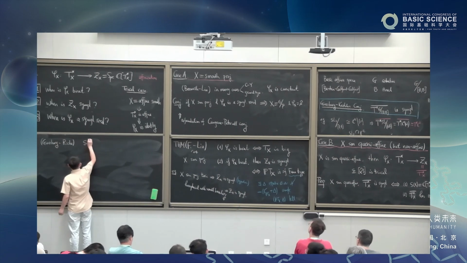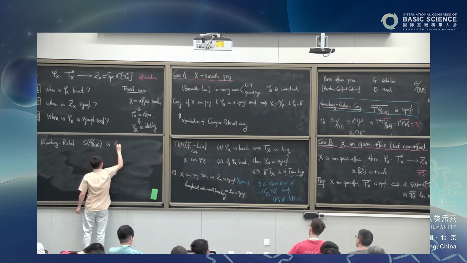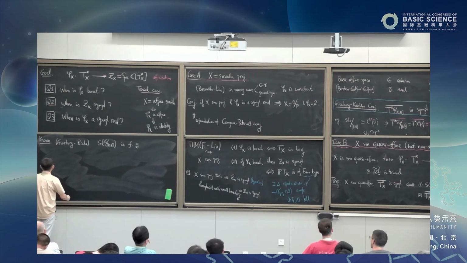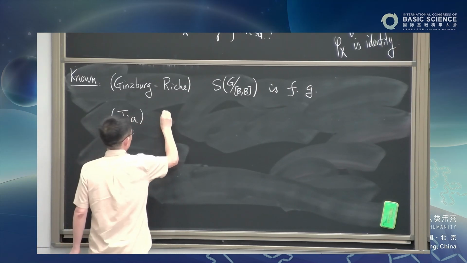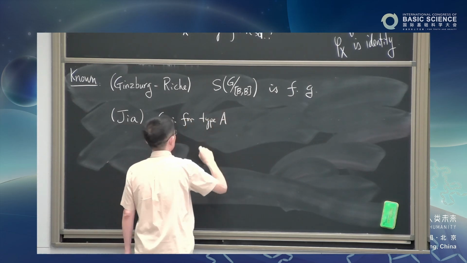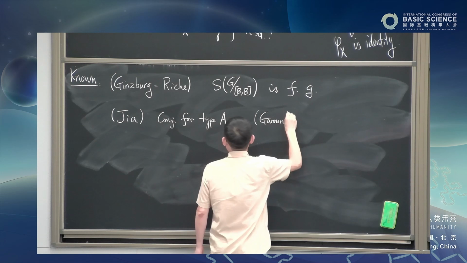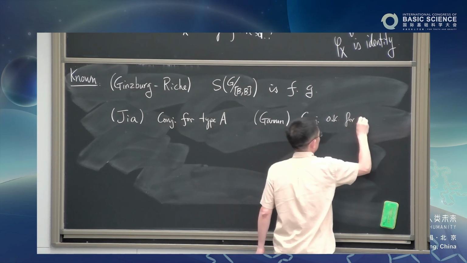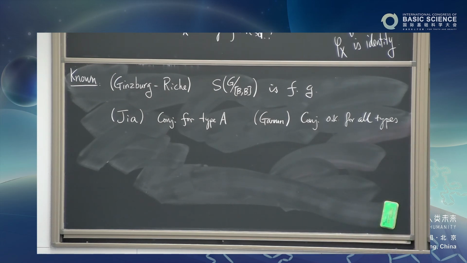So they show this ring is finitely generated. So they finished the first part. And then secondly, is Jiaming Bo. And he showed this conjecture for type A. And then finally, this can be shown by Gaitsgory. Showing the conjecture is okay for all types. So this conjecture has been proven.